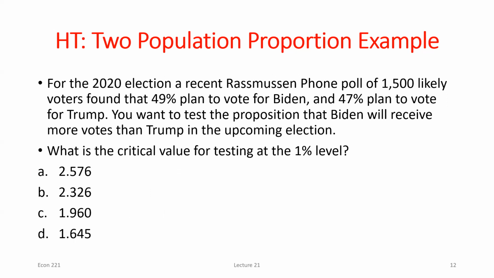My right tail test, I want to find the critical value that gives me alpha in the tail. So I know that for a right tail test, my critical value should be positive, right? They're on the right side of that distribution. My standard normal distribution is centered around 0. So if I'm looking at that right side, I know I should be dealing with positive values.